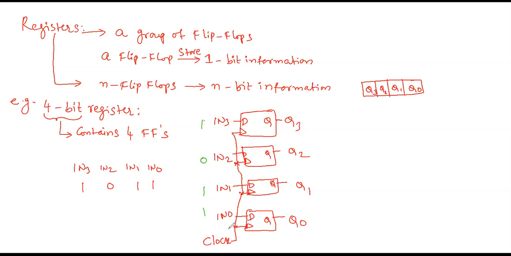Whenever you apply a clock, at the rising edge the input will be passed to the output. So the register values will become Q3 equal to 1, Q2 equal to 0, then 1, 1.